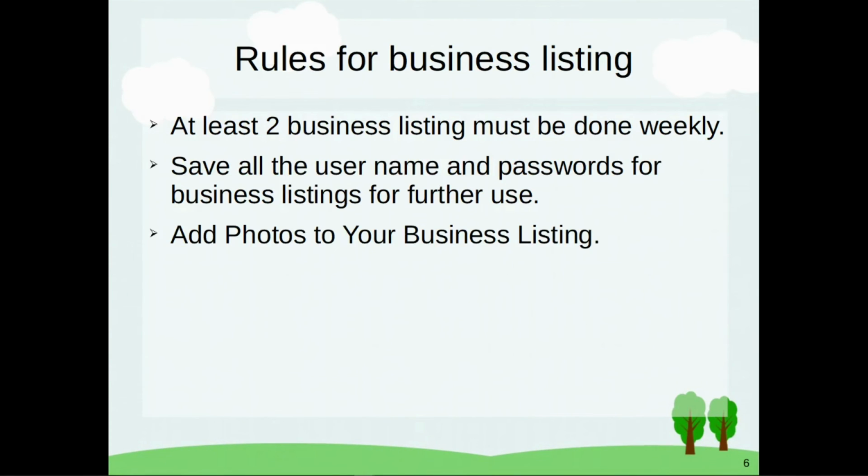You also have to add photos like your profile picture or your logo image so that it is clearly visible that this is your company, and it can be the identity of your company.